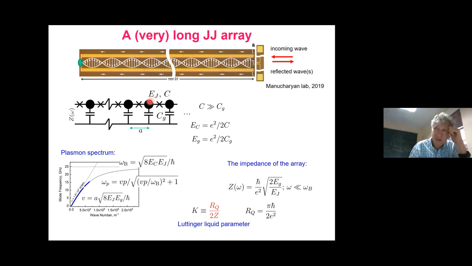So it is relatively easy to make an array of more quantum junctions. What Manouchian tells me is that it's very hard to measure because somehow dissipation, whatever it is, not clear, becomes high, and the Q factor of this whole thing becomes low, and they have a hard time to distinguish between different modes.